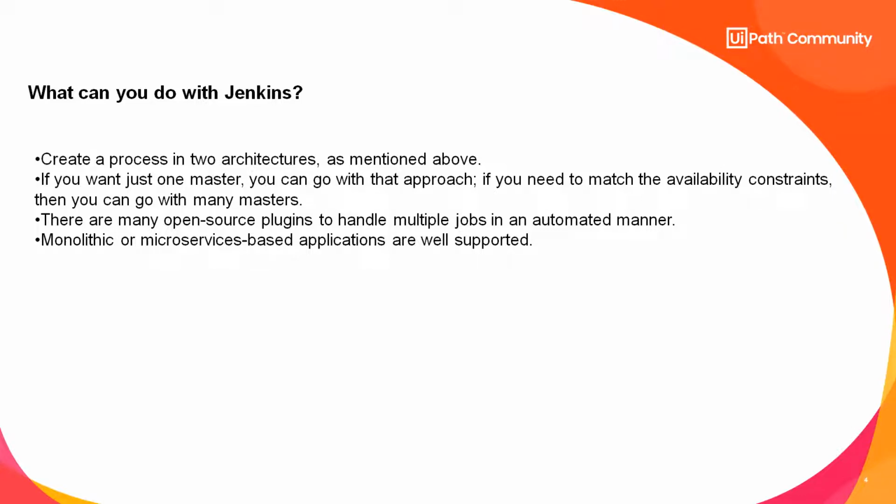If we want just one master, we can go ahead with that approach. And if we want to use the slave architecture, that is also possible, where we can utilize that framework. There are many open source plugins to handle multiple jobs in an automated manner. As I said, monolithic or microservices based applications are well supported.